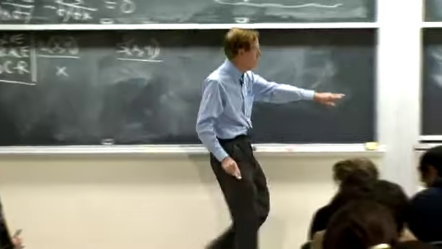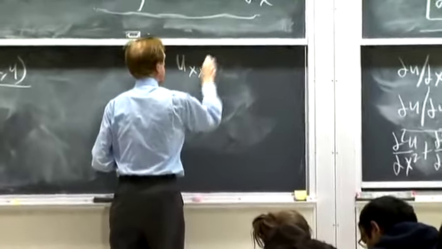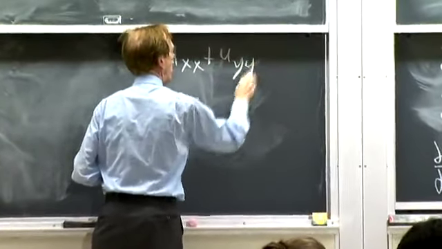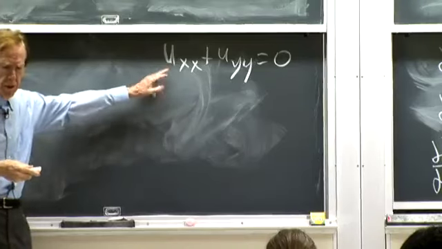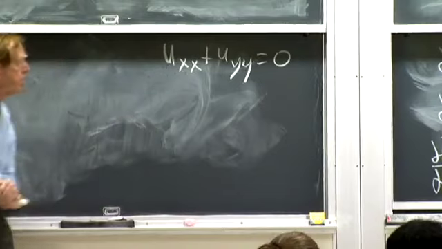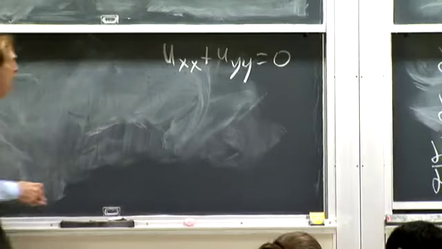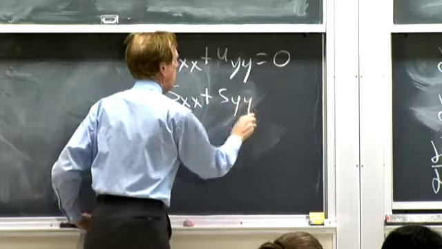You've got Laplace's equation in mind. Let me write it up here again: uxx plus uyy equals 0. I take the chance to write it again in this little bit shorter notation, just subscripts instead of partials. And also sxx plus syy equals 0.